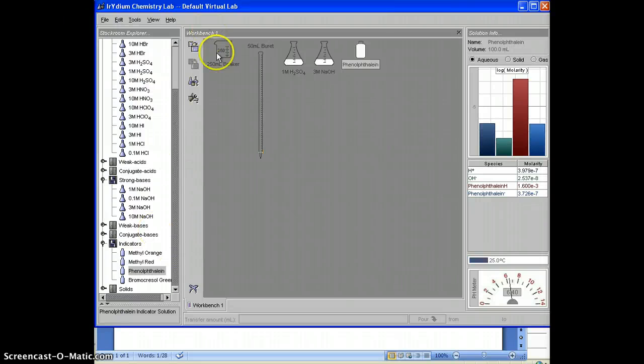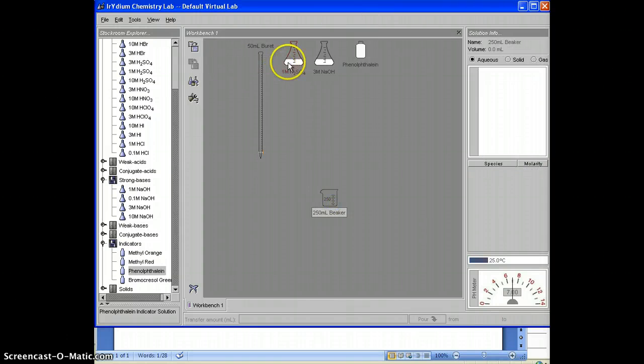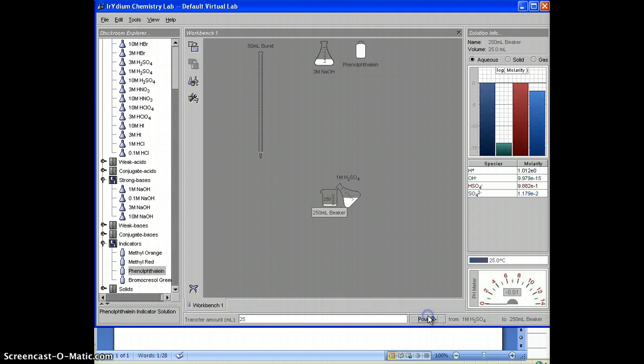So, let's take this beaker, and to it, let's add the 1 molar sulfuric acid. And at the bottom, I'm going to say 25 ml. I've just typed that, and I'm going to say pour, and we see that we've poured 25 ml into the beaker. And if you see, the beaker now has a volume of 25 ml of fluid in it, and we know that fluid is only sulfuric acid.